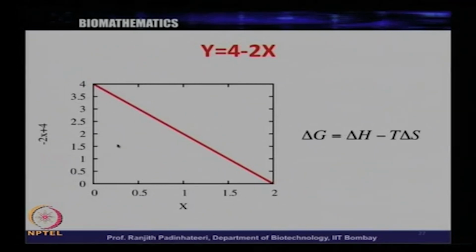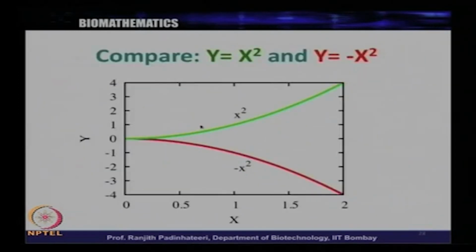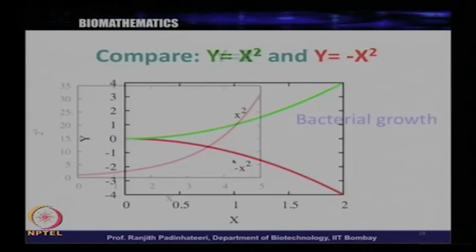Such functions are useful in different contexts, and we will learn more about these functions later. Another function is y equal to x square and minus x square. If we compare, minus x square decreases with x. So, you have many such functions which decrease.